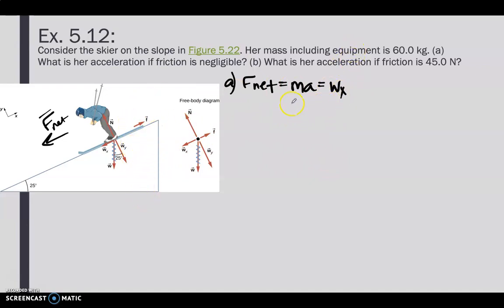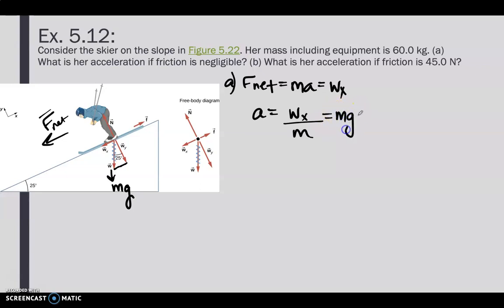Okay, so her mass, we know her mass, so we just have to solve this now. Wx over m. Remember that W is m times g, okay? And we are looking at Wx, so to get our x component here, it'll be opposite over hypotenuse, or the sine.